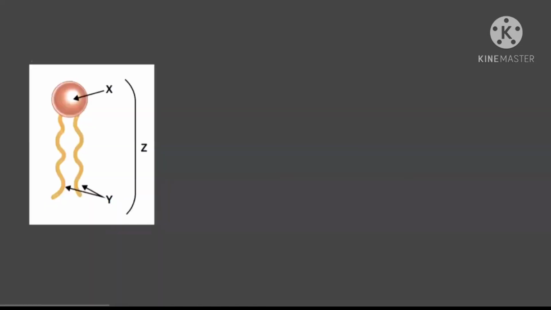Now let us do the question practice. Try to identify what is X. X will be your polar or hydrophilic head, isn't it? And what are these? What is your answer?